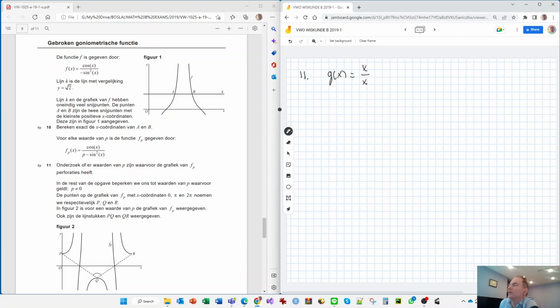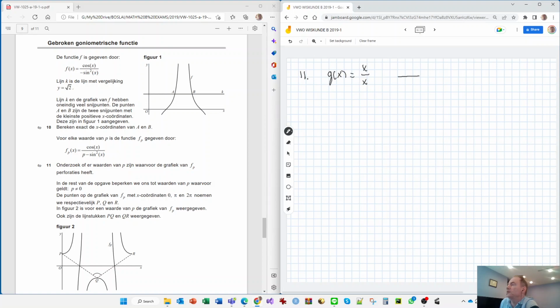But you can investigate exactly what happens there. If at that point the function actually approaches a finite value, then it will have a so-called discontinuity. And that happens of course because both the numerator and denominator go to 0.